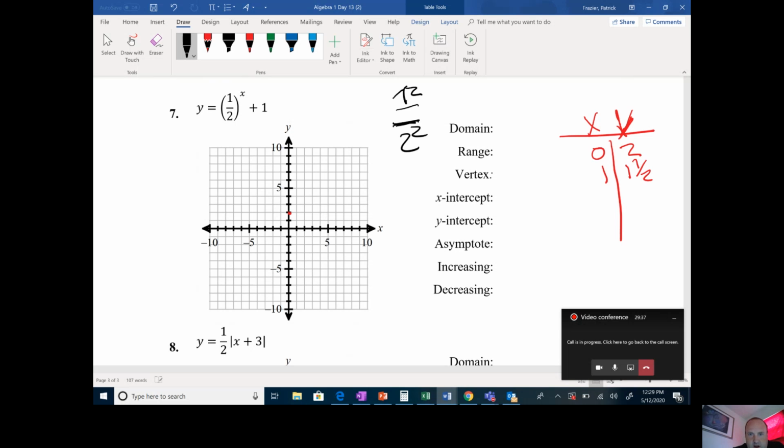So 1 squared, 1 times 1 just equals 1. 2 times 2 equals 4. 1/4 is the same thing as 0.25, so it's 1.25, or 1 1/4.